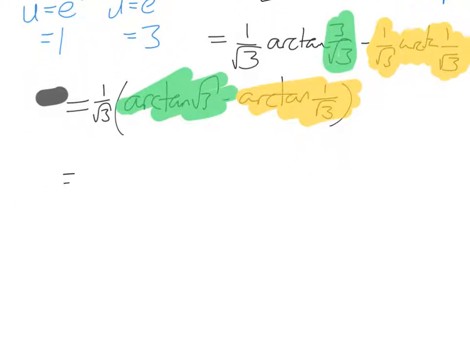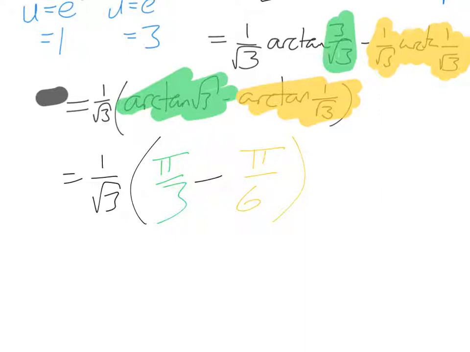So that becomes 1 over root 3 times pi by 3 minus pi by 6, which is 1 over root 3 times, what is that, 2 minus 1, pi over 6.